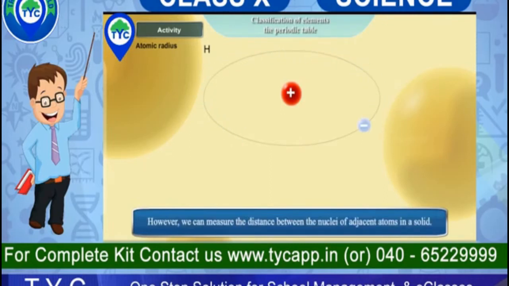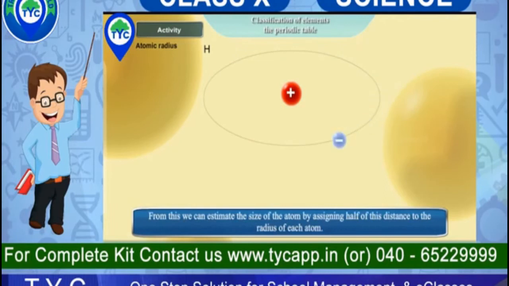However, we can measure the distance between the nuclei of adjacent atoms in a solid. From this, we can estimate the size of the atom by assigning half of this distance to the radius of each atom.